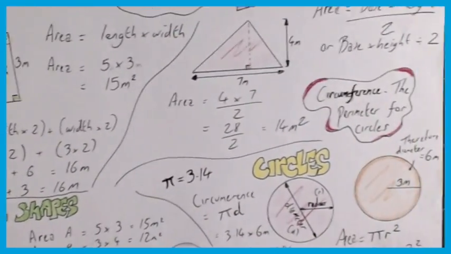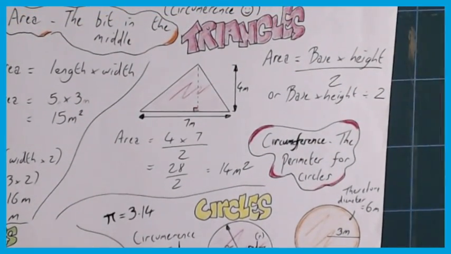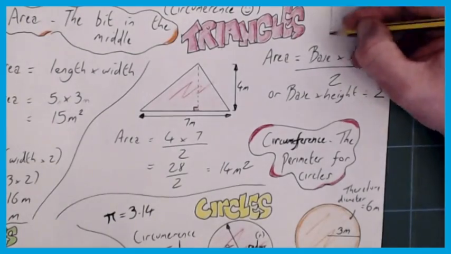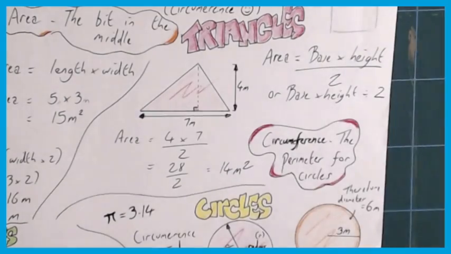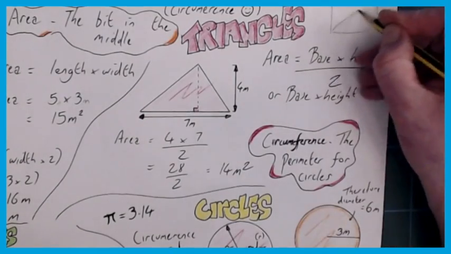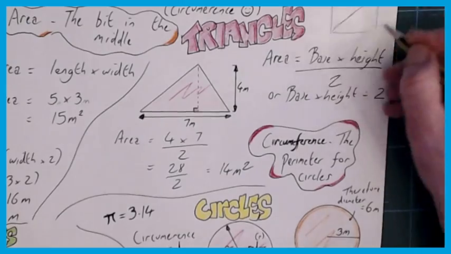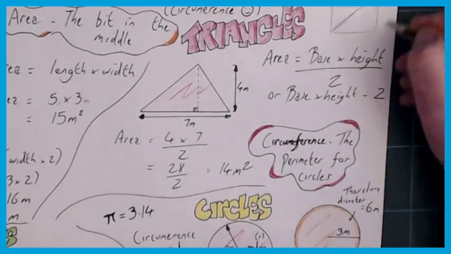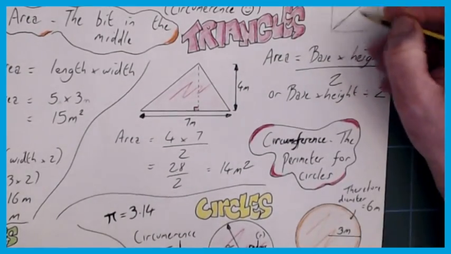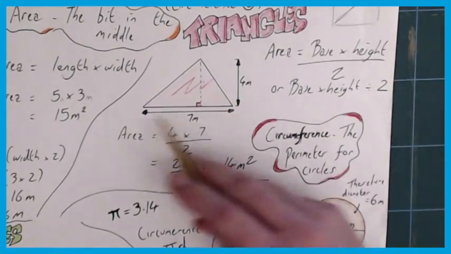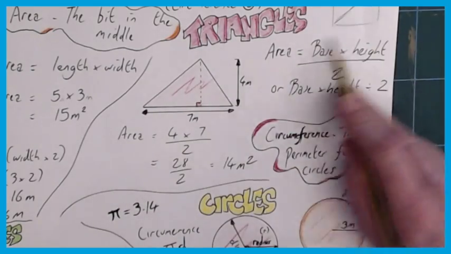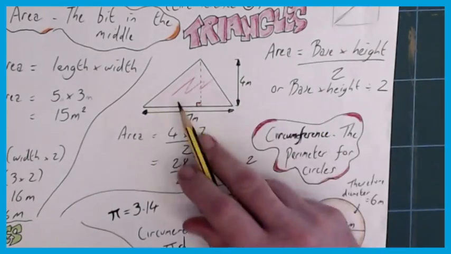Okay, let's have a look at a triangle. If we remember back when we were doing properties of rectangles and 2D shapes, a triangle is half the rectangle it sits in. So you get 2 triangles in the rectangle. We work out the area of the rectangle it sits in, and we divide it by 2.